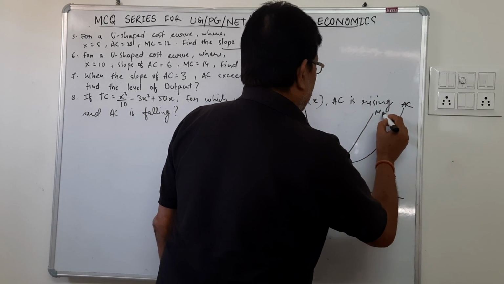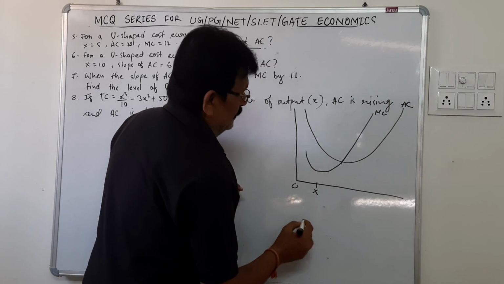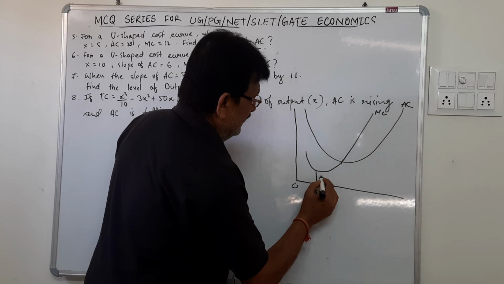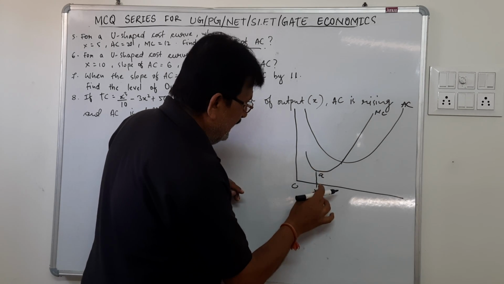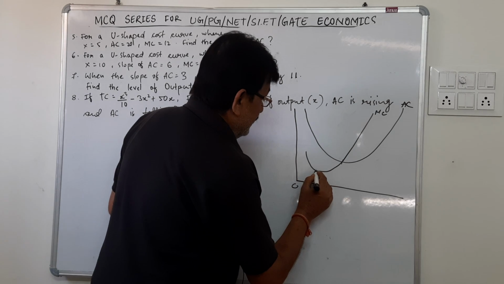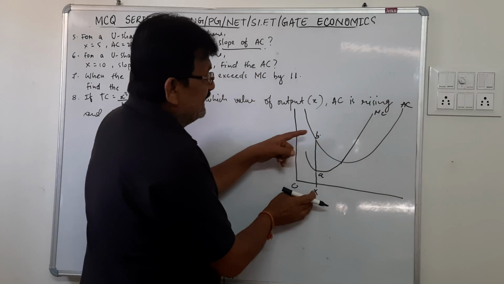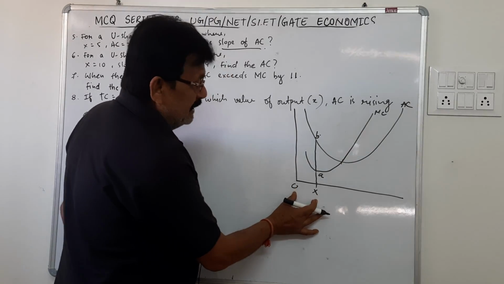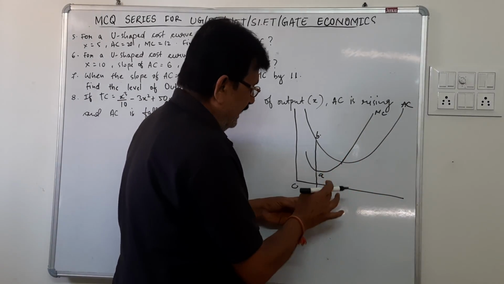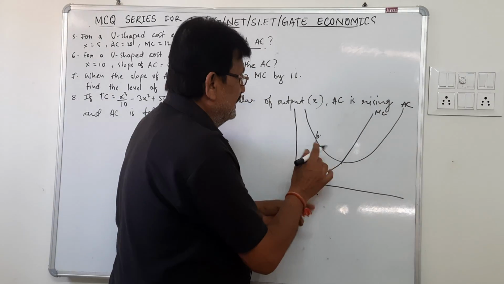This is marginal cost. Now for this output OX, AX is MC, and for the same level of output, BX is AC. So for OX level of production, for the monopolist or for any producer, AX is the marginal cost and BX is the average cost.